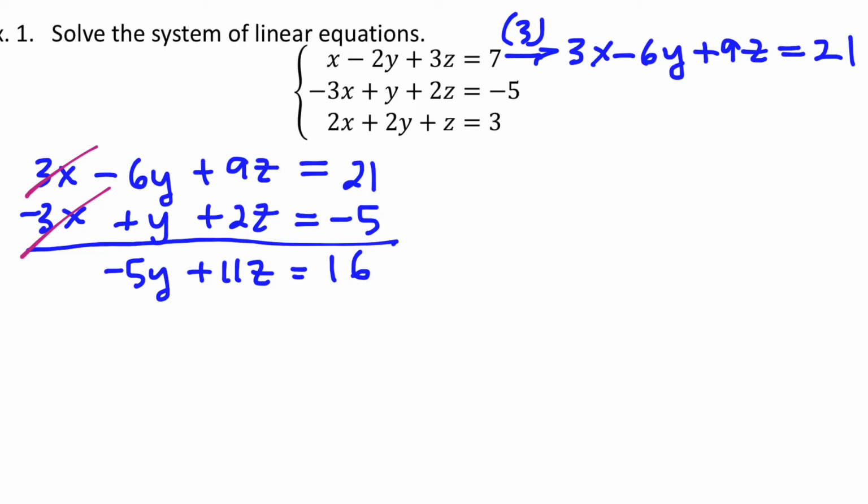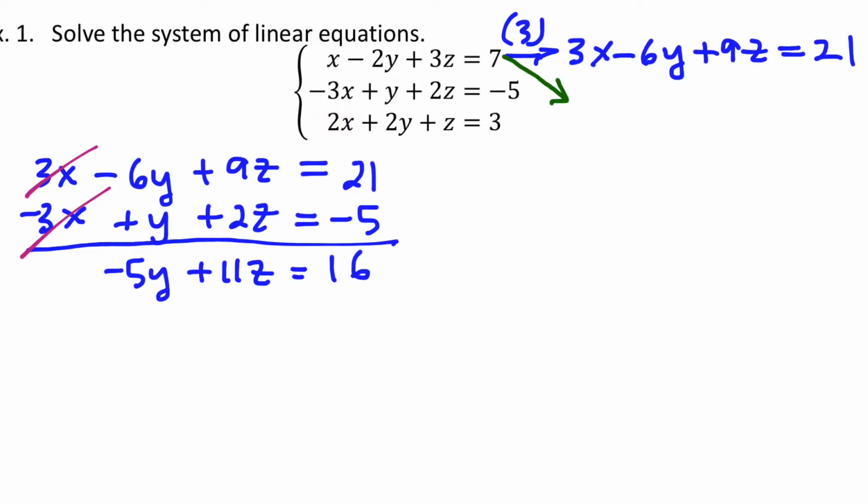Now I'm going to do the other equation on the bottom and get rid of the x term in that one. The way I'm going to do that is utilize that same first equation, except now I'm going to multiply it by the opposite of this 2 here, so that would be negative 2, and I'm going to do the same steps.